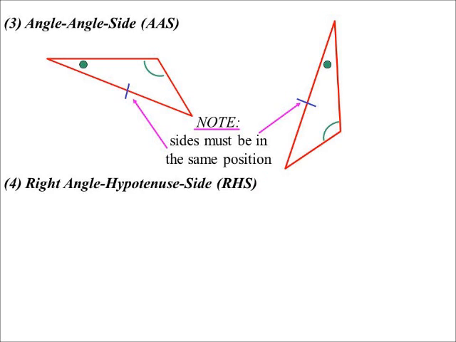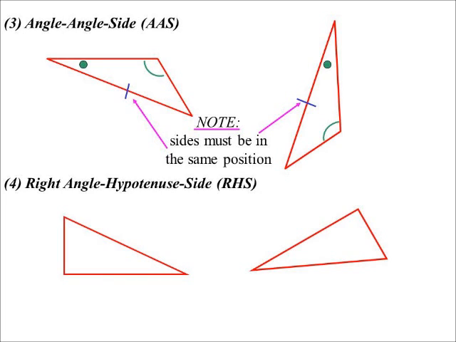Now the fourth one is just a specific case, right angle hypotenuse side. If we know we've got right angle triangles, we know the hypotenuse and one of the other sides. So it's actually a special case of the other ones. You could bring it back to any of the 3.